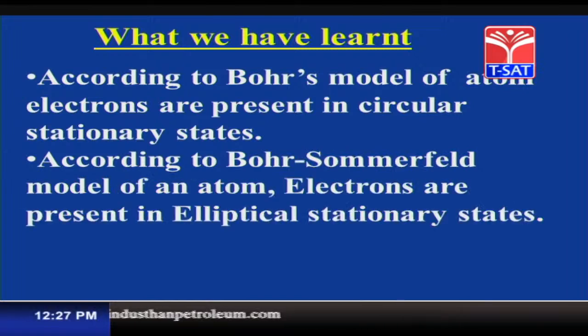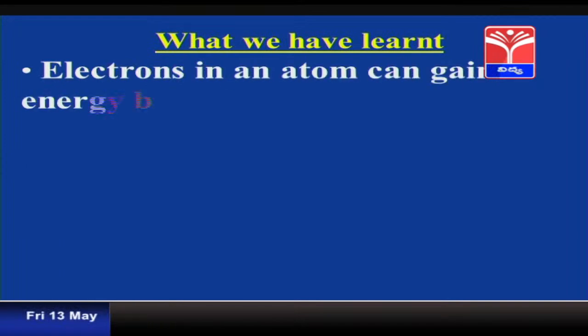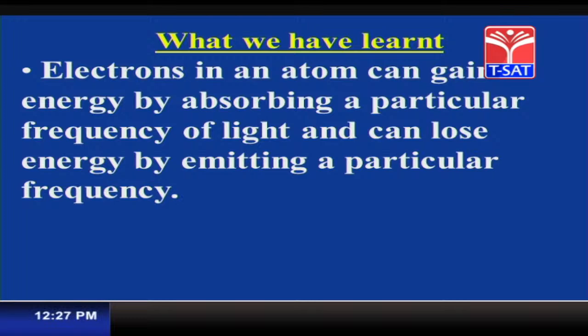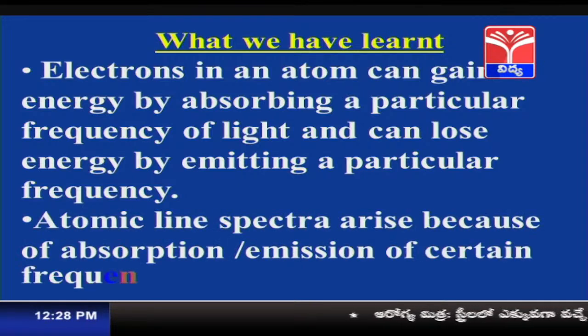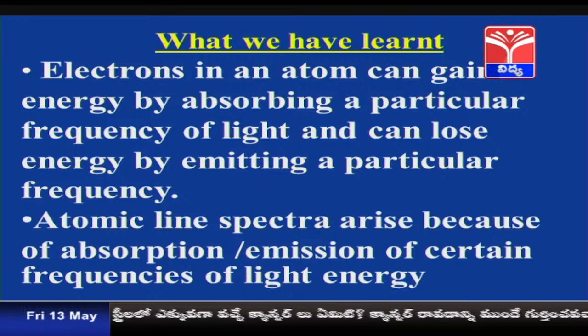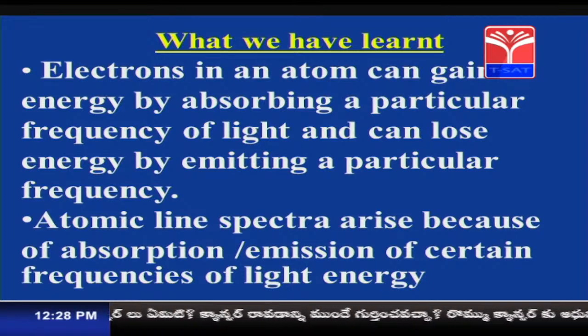And we also studied that an electron in an atom can gain energy by absorbing a particular frequency of light and can lose energy by emitting a particular frequency of light. Atomic line spectra arise because of absorption or emission of certain frequencies of light energy.